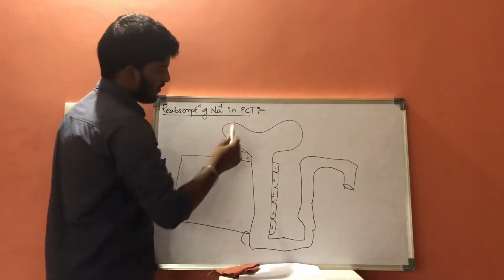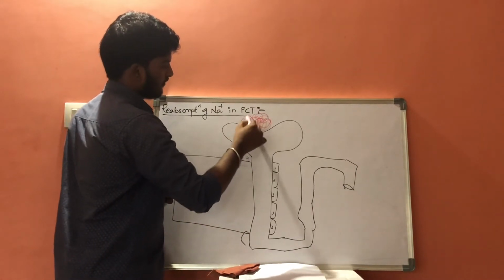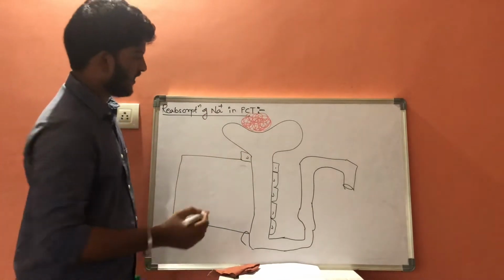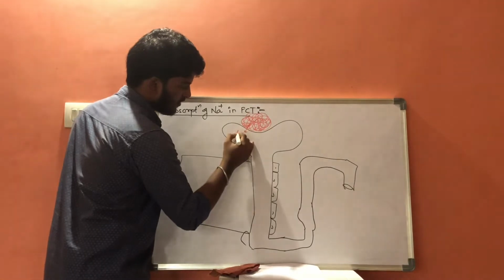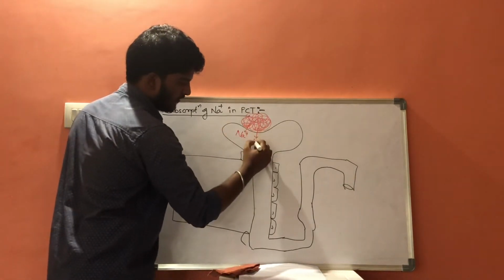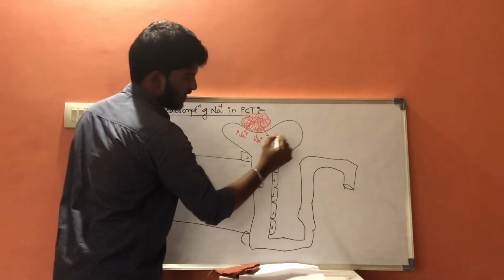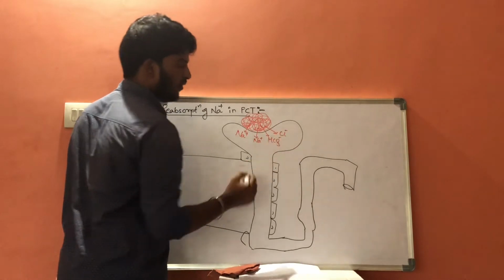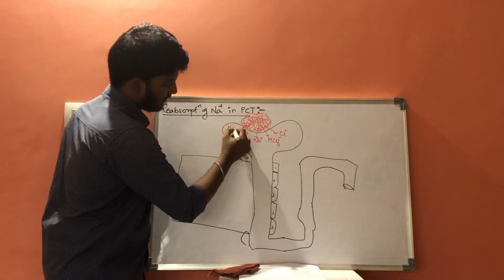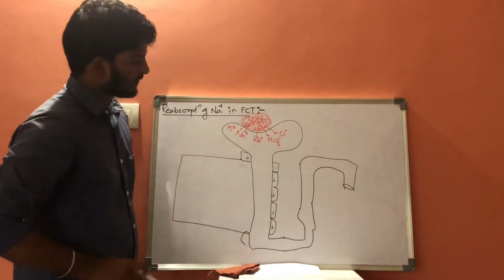Here this is the glomeruli. Out of this glomeruli, sodium is coming out down and bicarbonates are also coming down and chlorides are also coming down, whereas water is also coming down, which is entering inside to that of Bowman's capsule.